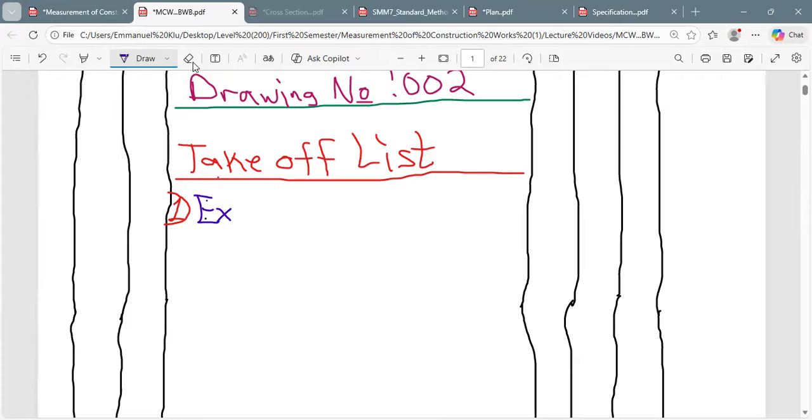Or better still, let's start with what? First of all, we have to clear the site. But let's forget that. So let's do excavation of topsoil. I could have written the shortcut, but I just spared you. So excavation of topsoil.